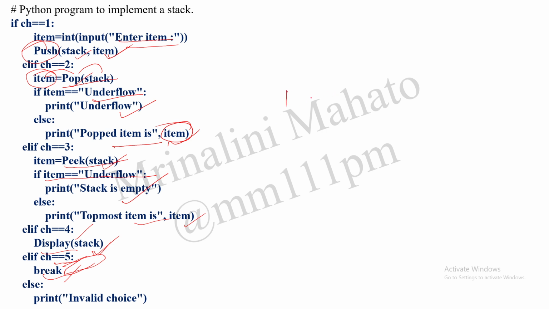Suppose you want to print numbers 1 to 10. If you have written if n equal to 5, then continue, what happens? Whenever n equal to 5 matches, first it will display 1, 2, 3, 4 like this.